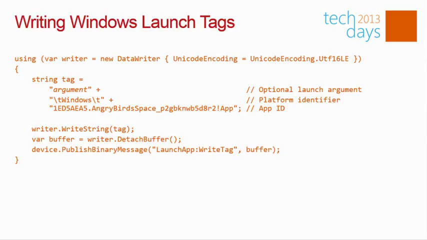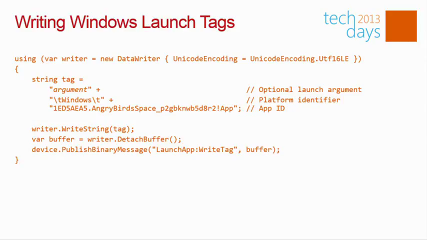There's lots more you can write to an NFC tag besides just arbitrary information like your name as a conference attendee, or even a URI. You can write special tags to these smart tags called launch tags. Now, these are app-specific. I'm going to show you how to write data to an NFC smart tag that will launch a Windows app or a Windows Phone app.